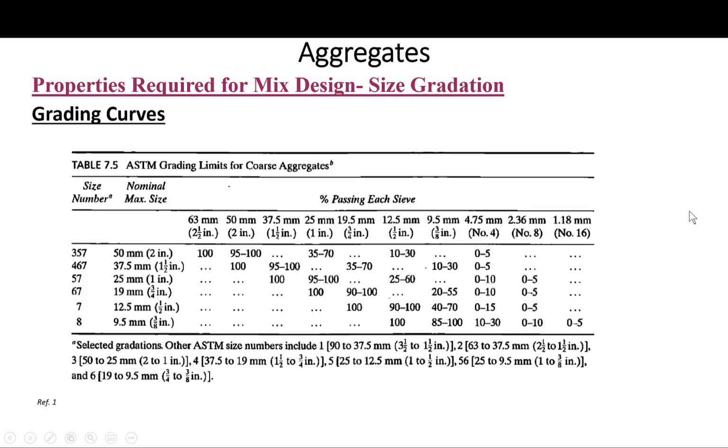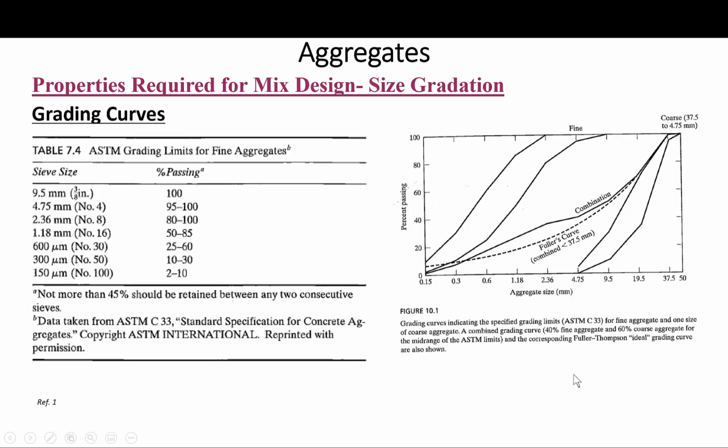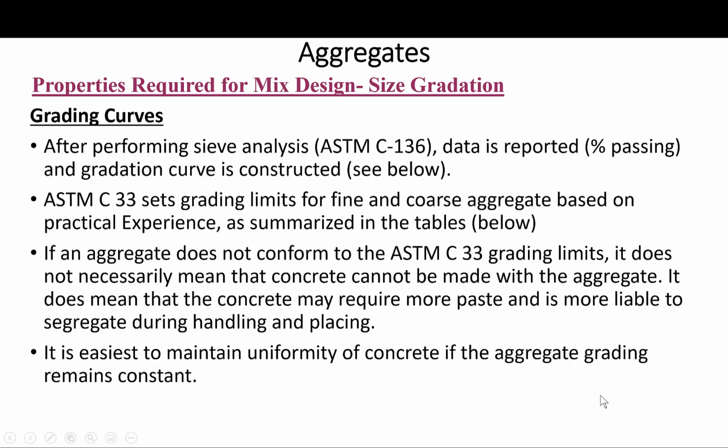as you can see here, on this curve right here. This effectively gives a semi-log plot, since each sieve size is related by a factor of 2. Therefore, the half sizes should be placed between the other sizes, as is correct for logarithmic scales. ASTM C33 sets grading limits for fine and coarse aggregate based on practical experience.